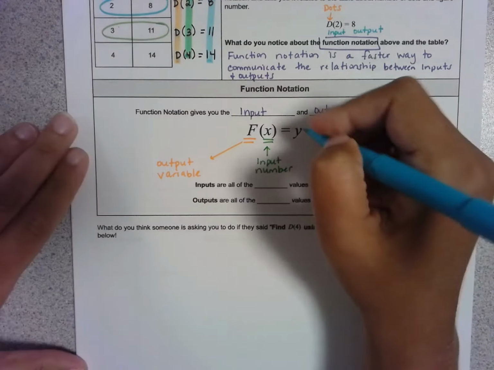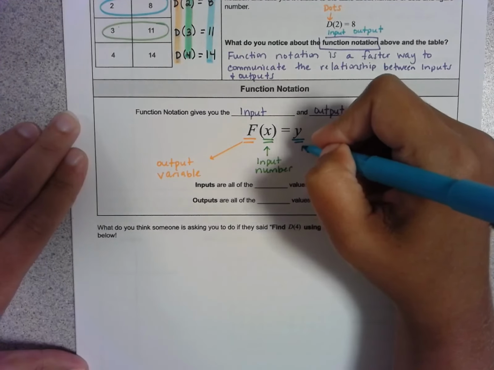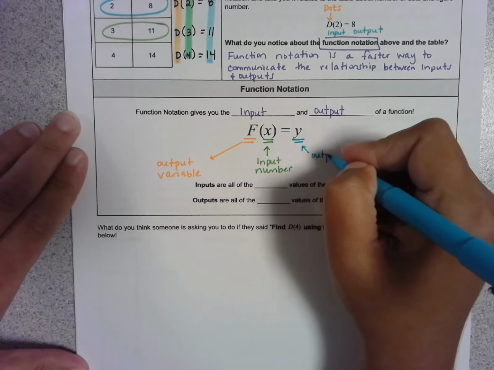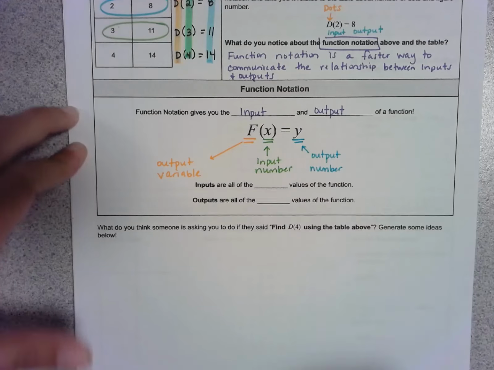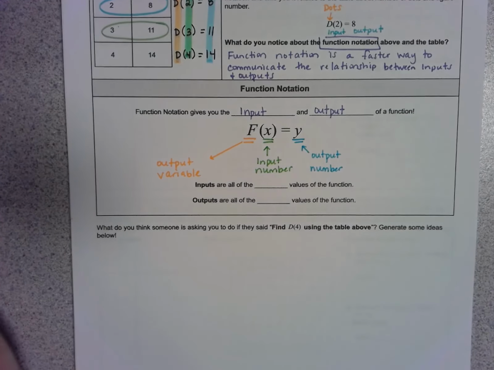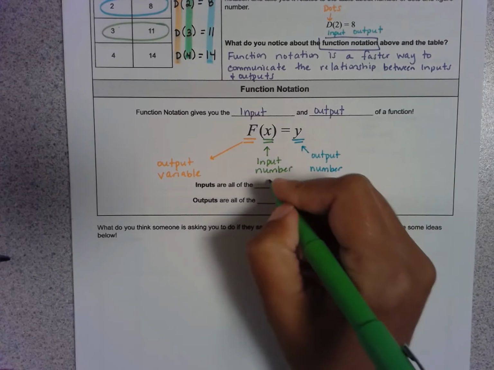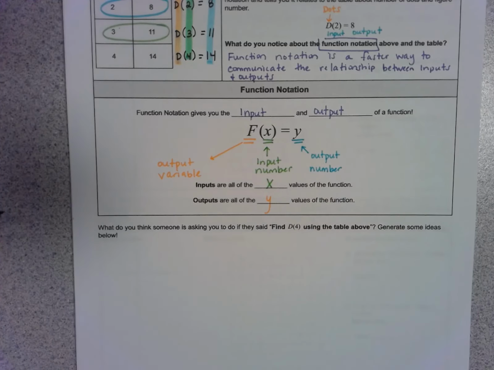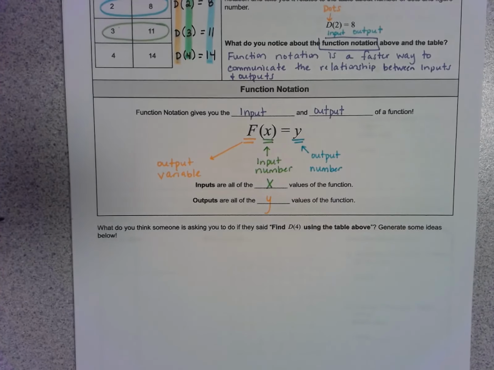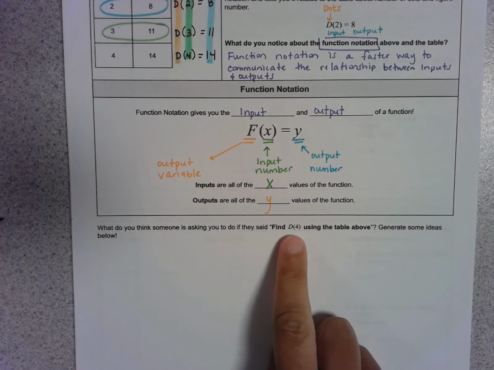And after the equal sign is always the output number. The inputs are always the x values of the function, and the outputs are always the y values of the function. So what do you think someone would be asking you to do if they said find d of 4?